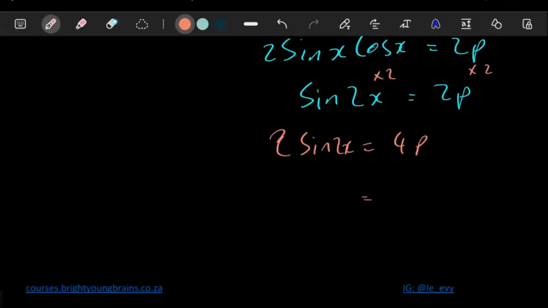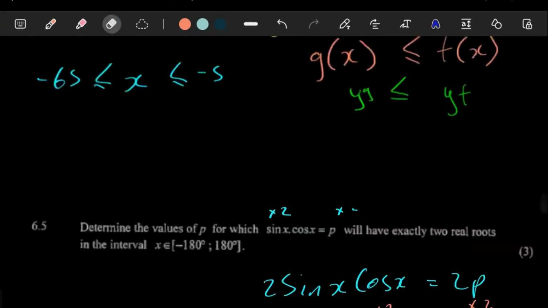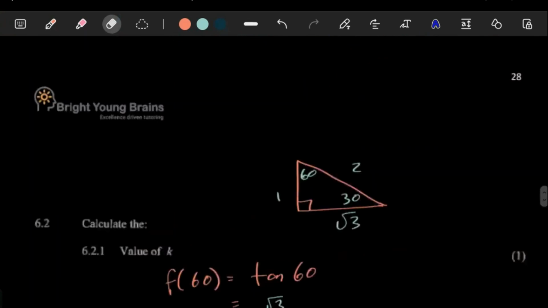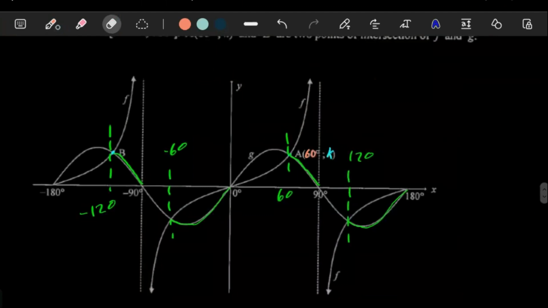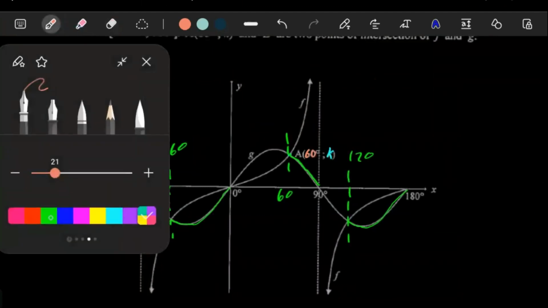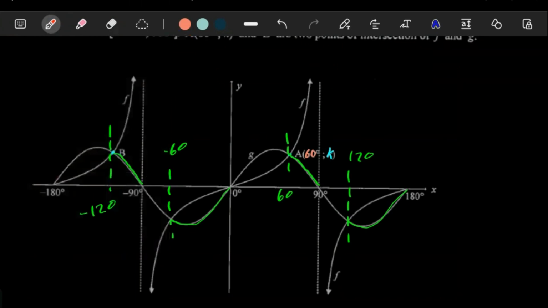So at this point in time, you have to remember that for this equation to have 2 real roots, you need to consider how the sketch looks. If you look at how the sketch looks at the moment, it currently has 5 roots in between negative 180 to positive 180. So you have 1, 2, 3, 4, 5 roots so far.